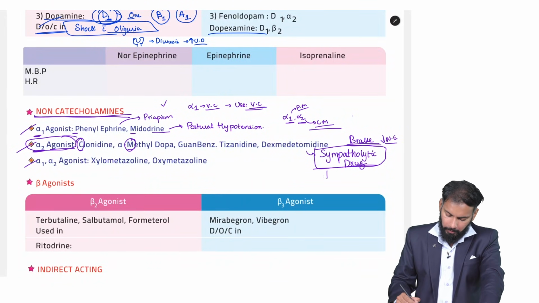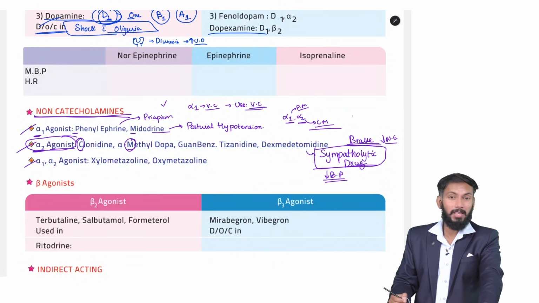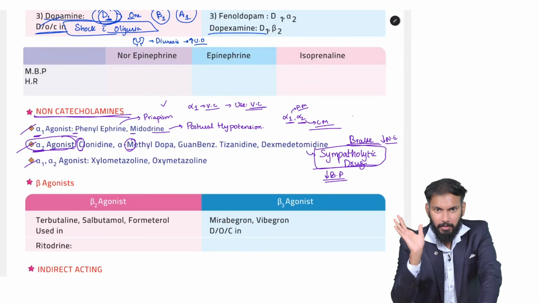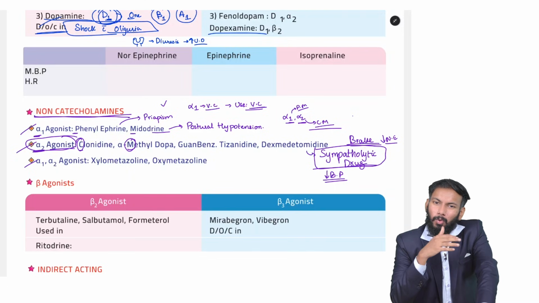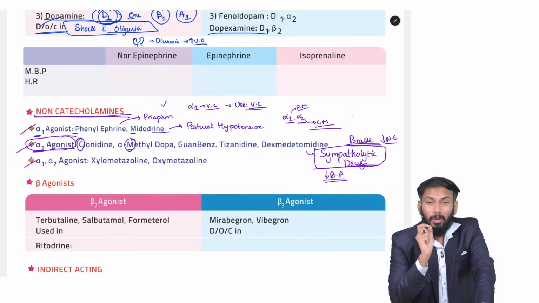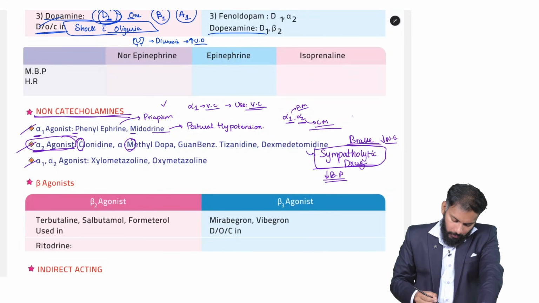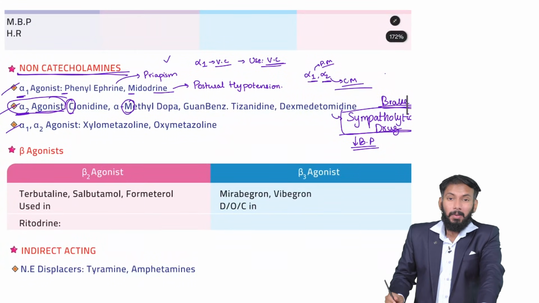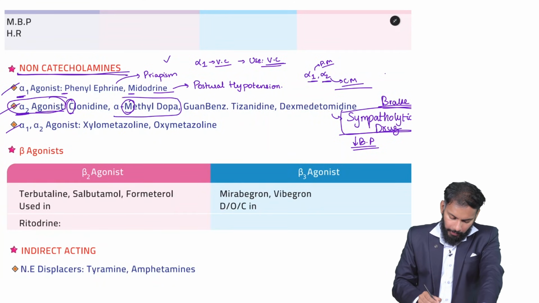Obviously, it will decrease the BP. That is why we use it in hypertension, especially a patient who is having chronic hypertension in pregnancy. In gynecology, you study chronic hypertension in pregnancy and pregnancy-induced hypertension. In chronic hypertension in pregnancy, you will use methyldopa.